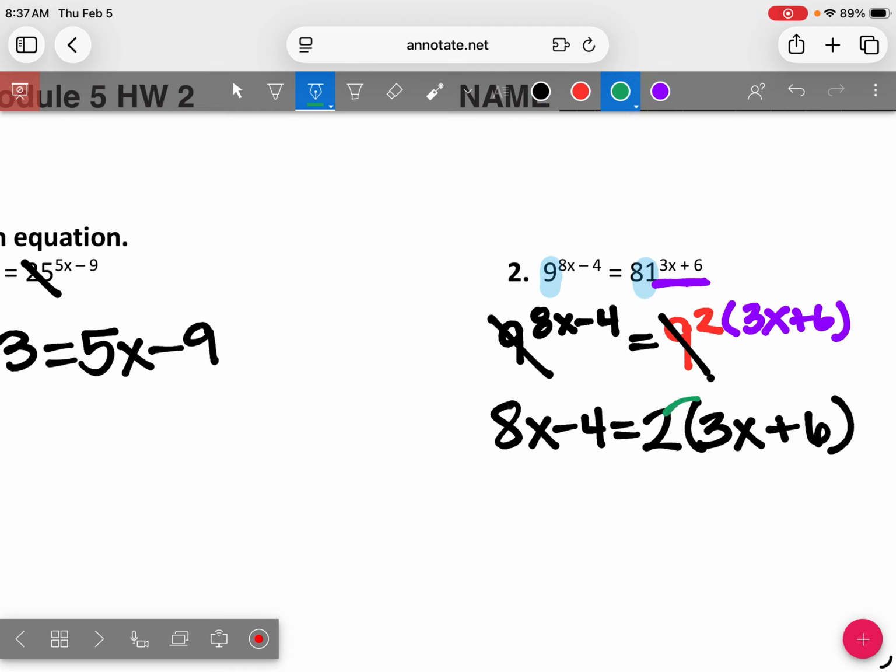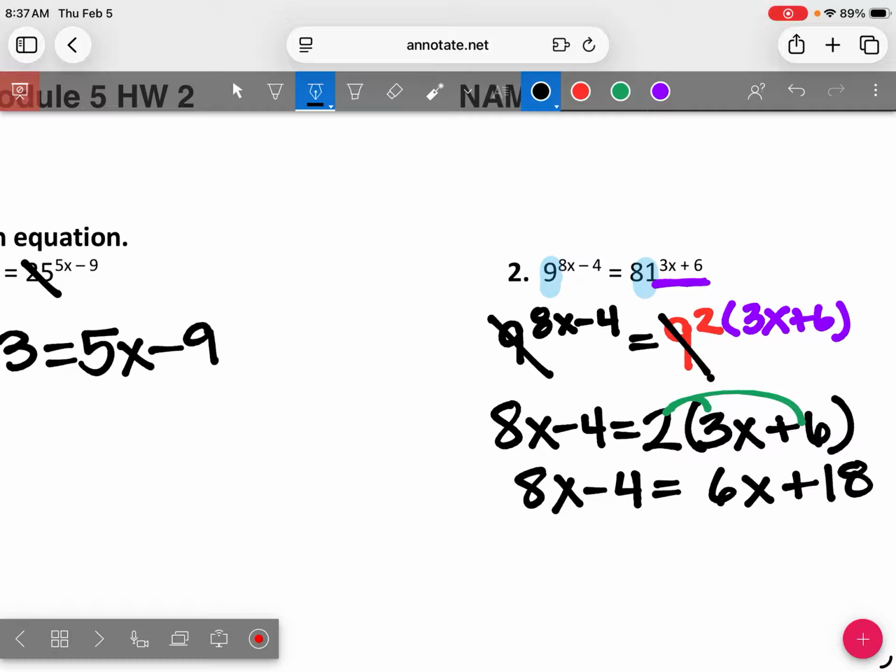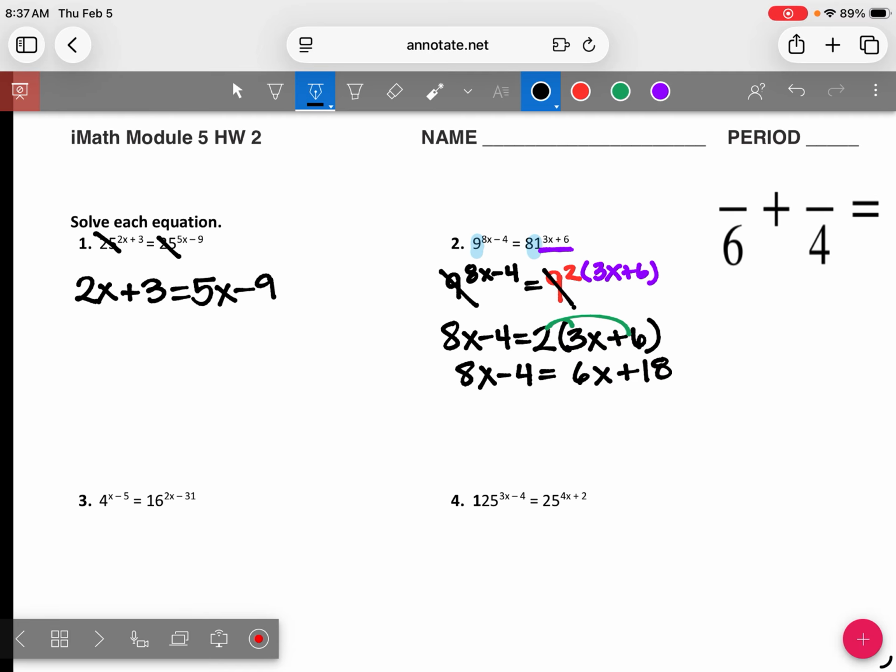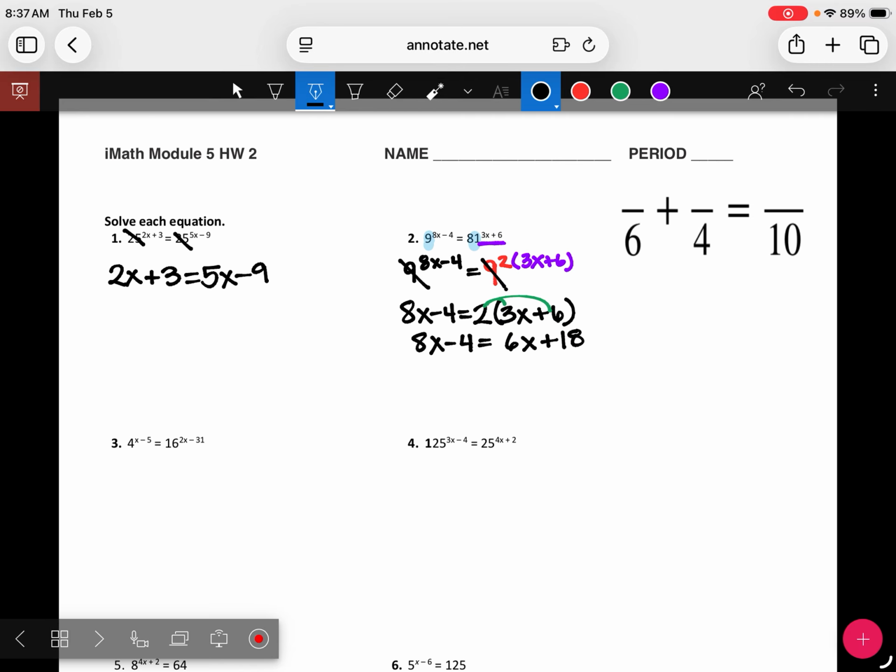Go ahead and distribute the 2, and you should get 6x plus 18. Go ahead and solve it from there. That is the key. You have to figure out what that number is. Okay? Is there another question that you want me to look at?